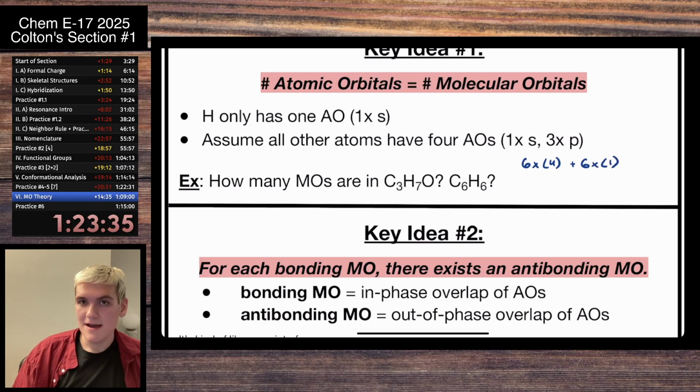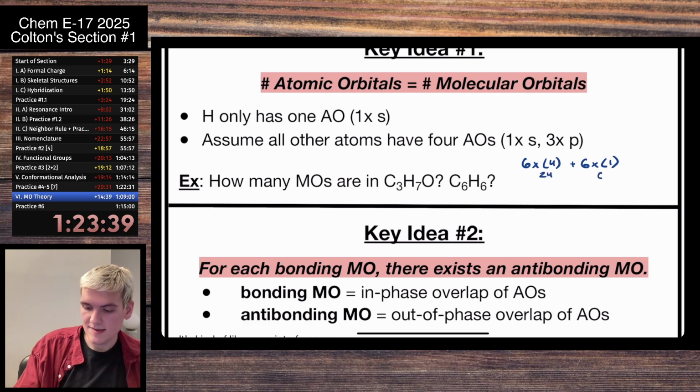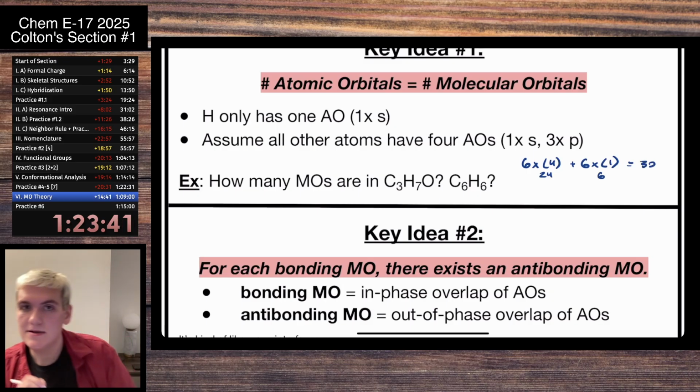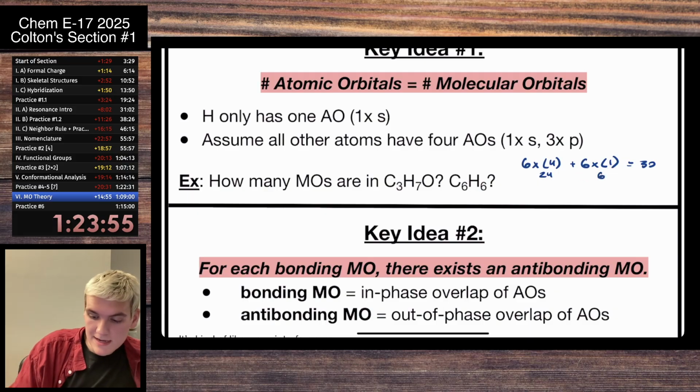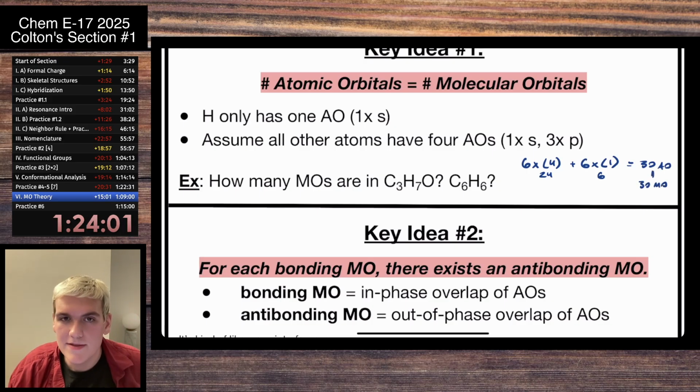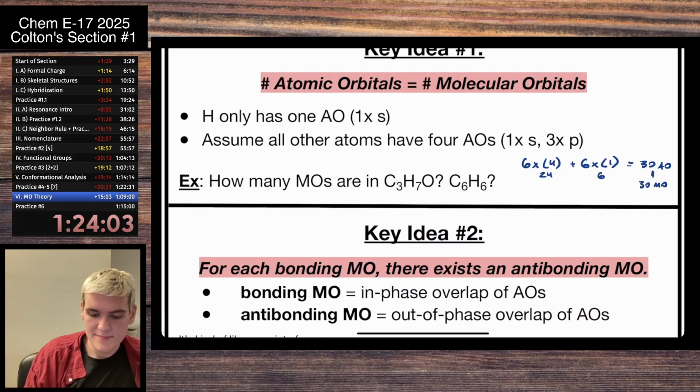So if I multiply these out and add them, 6 times 4 is 24, 6 times 1 is 6, I have 30 total atomic orbitals for C6H6. And again, that's 4 for each of the 6 carbons, so 24 there, and then 1 for each of the 6 hydrogens, so 6. So if we have 30 atomic orbitals, this tells us that we also have 30 molecular orbitals. And when we're building our MO diagrams, we'll see why that's important.